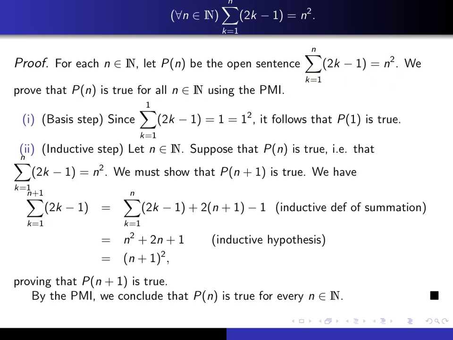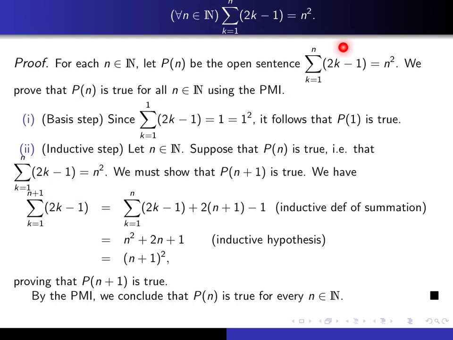Now we come to the inductive step. We give ourselves a generic natural number, and we assume that p of n is true. In other words, we're assuming this equality is true. We have to show that p of n plus 1 is true, and so we write the summation of 2k minus 1 as k goes from 1 to n plus 1.